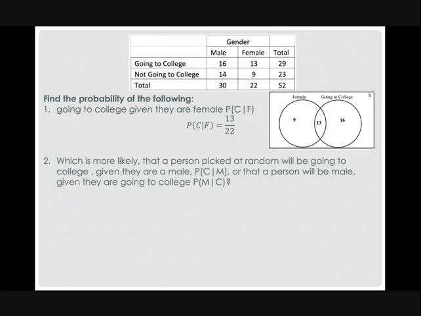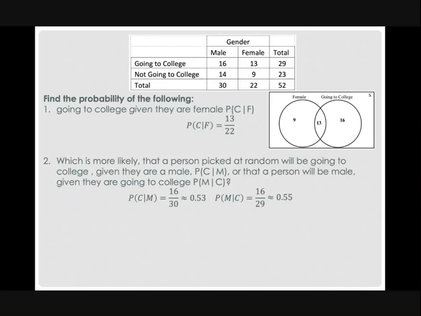Which is more likely, that a person picked at random will be going to college given that they are male, or that a person will be male given that they are going to college? Well, let's calculate them. College and male would be 16 out of total males, 30, which is approximately 0.53.